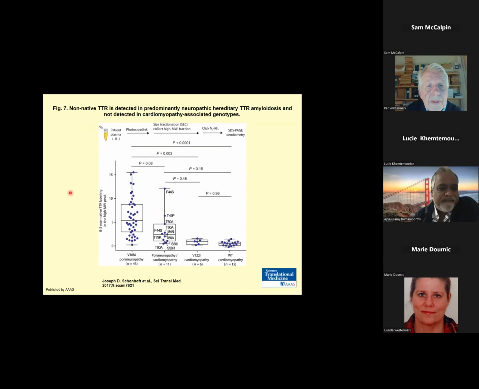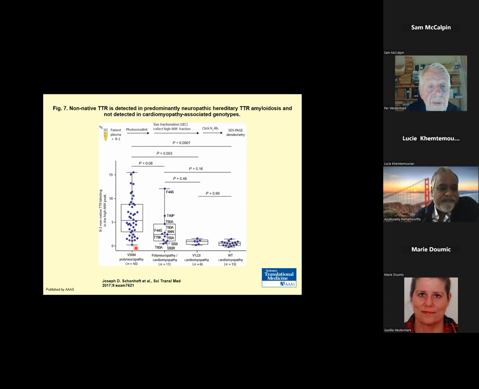And that is also a possible explanation, the strains, for the findings from Kelly's group, where they looked with a probe that binds to misfolded TTR in plasma samples from patients of different kinds.